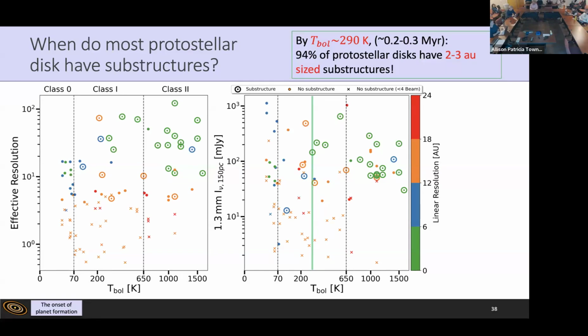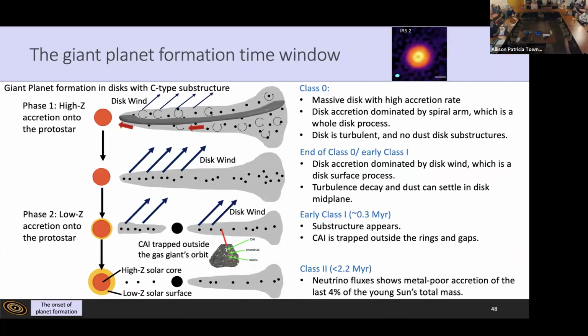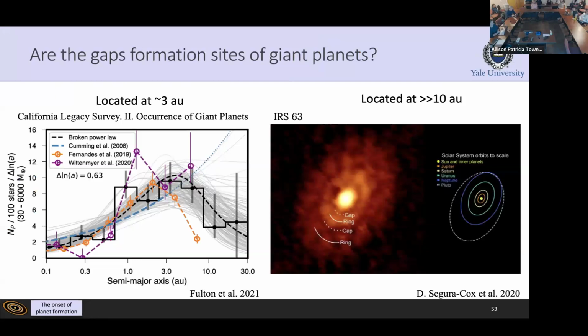Yeah, that's a really good question. I've been thinking about that as well. One of the things I noticed is that if you look at the positions of these substructures, these rings and gaps from ALMA, they're located at tens of AU, 30 or 40 AU away from the central protostar.